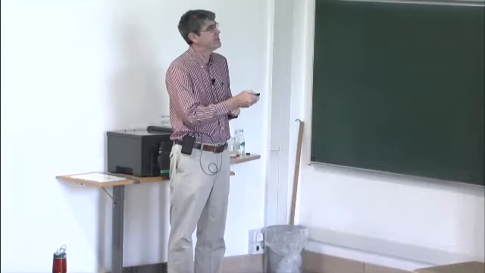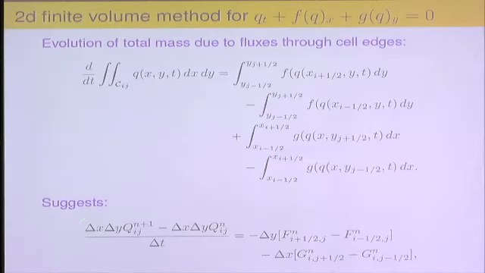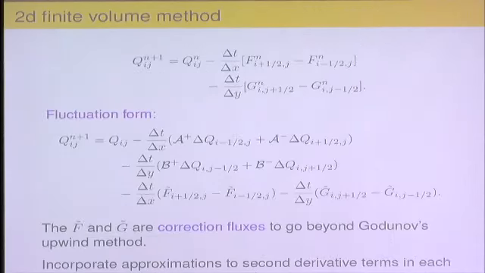And so if we replace this integral of q by delta x times delta y times some cell average, and we replace each of these integrals of f by some numerical flux terms, then we get this sort of finite volume form. You divide by delta x and delta y, then you get this form here where the cell average is updated by a difference of fluxes in the x direction and a difference of fluxes in the y direction.